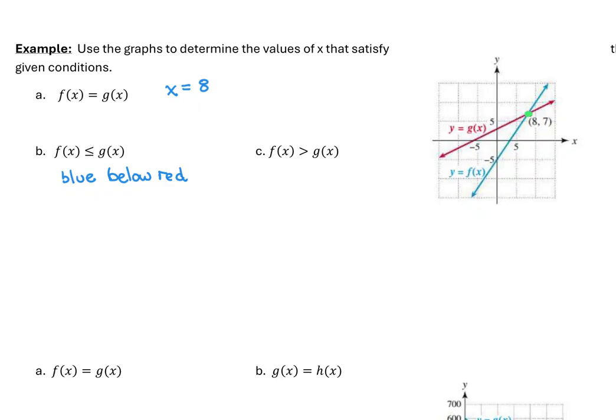Well, this happens when we are to the left of 8. Similarly to when we talked about positives and negatives previously, remember that we only want the x values. The y values are what we're comparing, but we always want our answer in terms of the x values. So for this, our answer is going to be x is less than or equal to 8.